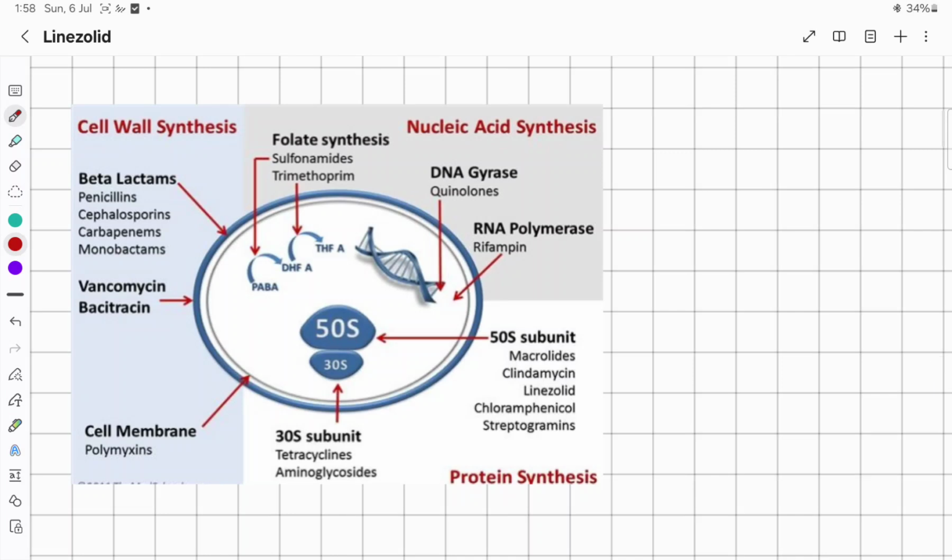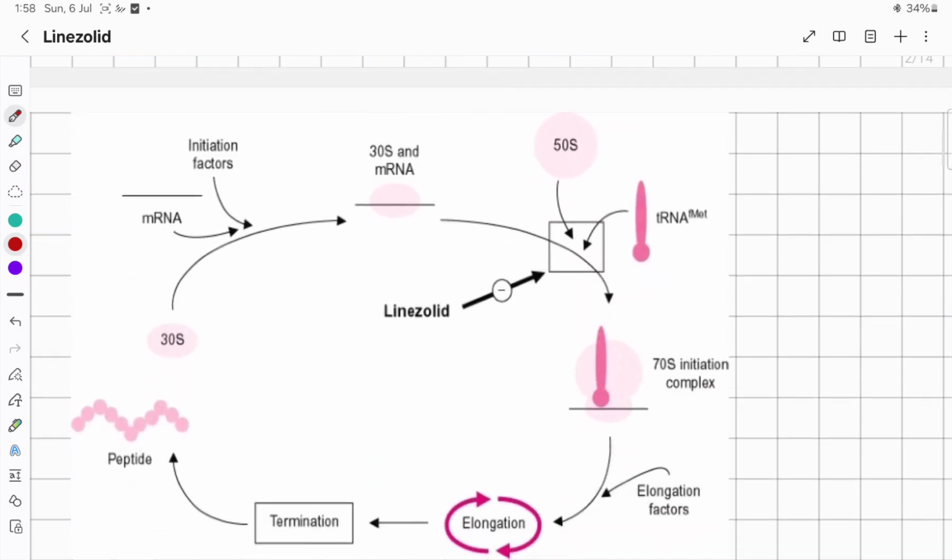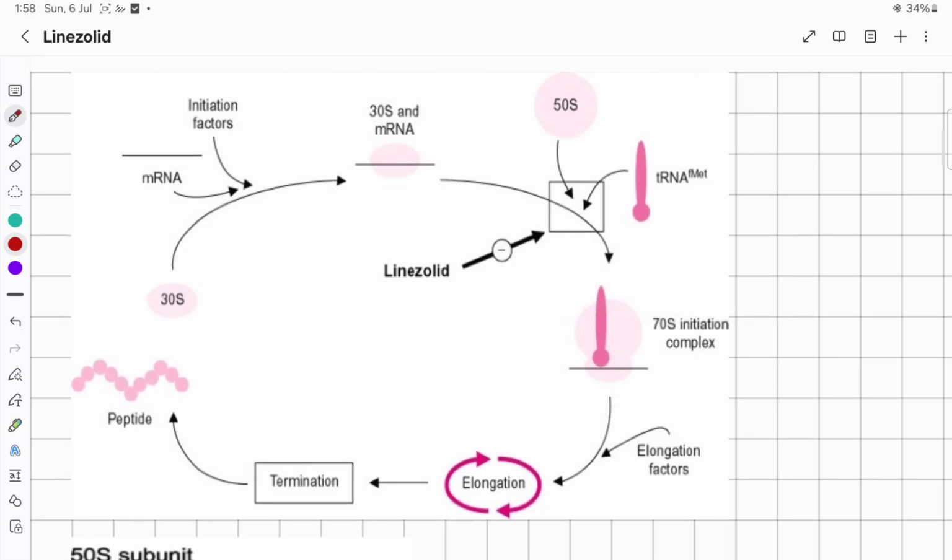Then let us discuss the mechanism of action. Linezolid comes under those compounds which inhibit the protein synthesis by binding to the 50S subunit of ribosome. As we know, the bacterial ribosome has 30S and 50S subunits.